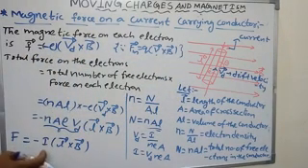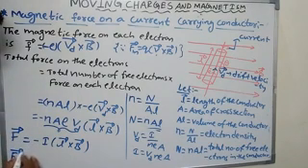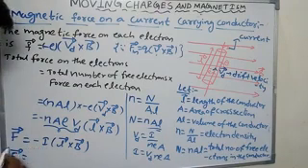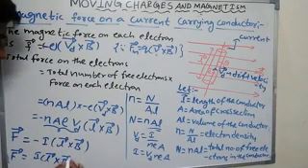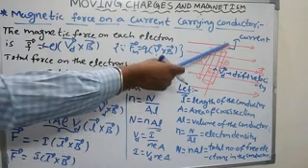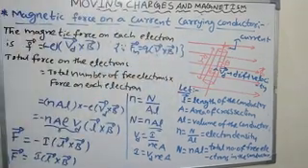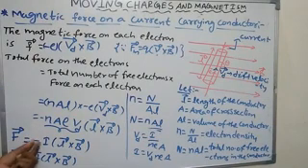Then F bar is equal to I into L bar cross B bar; if you remove the direction, this gives the magnitude.